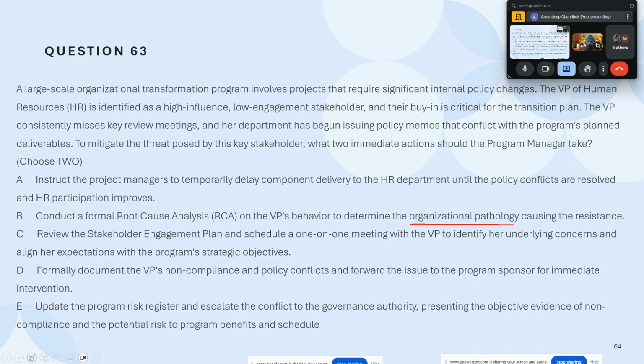And typically, what we see on projects or programs nowadays is clients asking us to make the risk register very specific. Like, what have you done to analyze the risk? What have you done to understand? So logically, if you do a program risk register entry without performing an RCA, it becomes a kind of incomplete action.